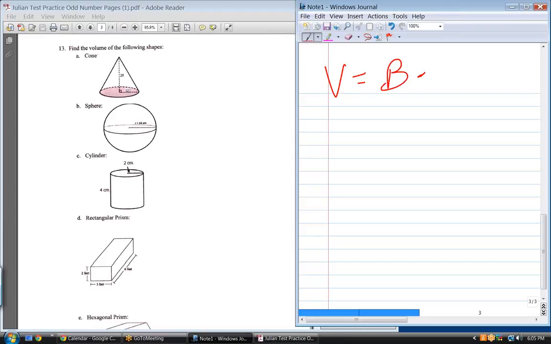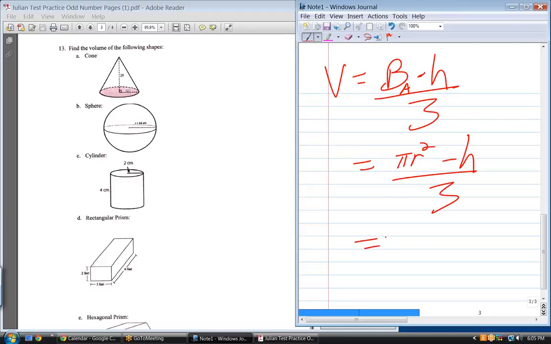In other words, it's base times height divided by 3, but that really is the area of the base. And the area of the base is pi r squared times height divided by 3.